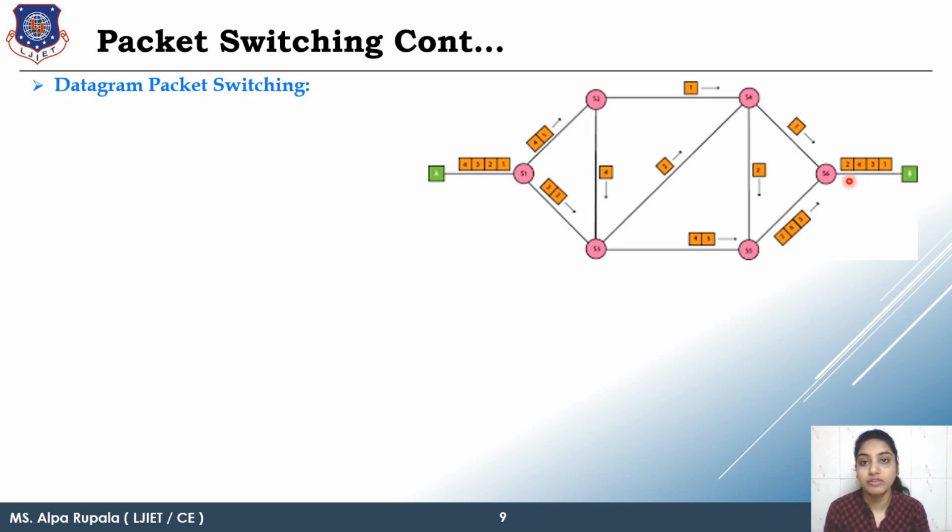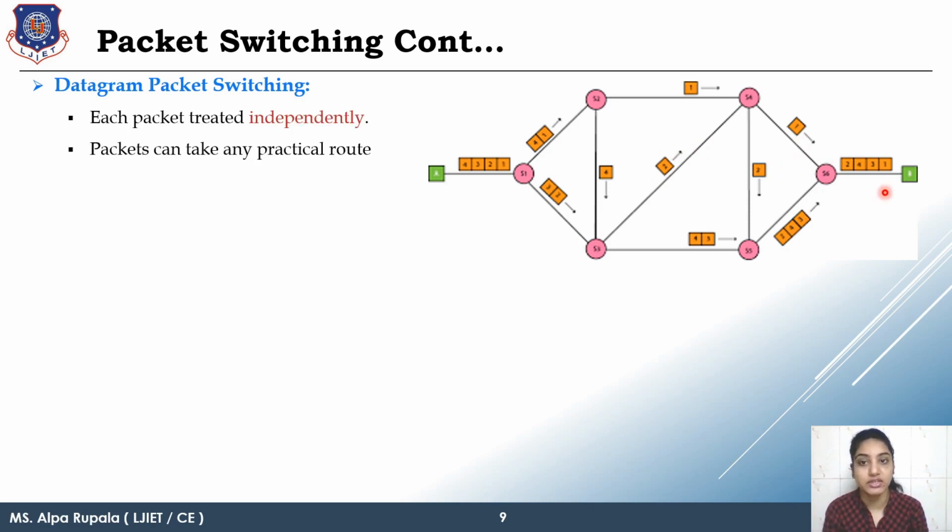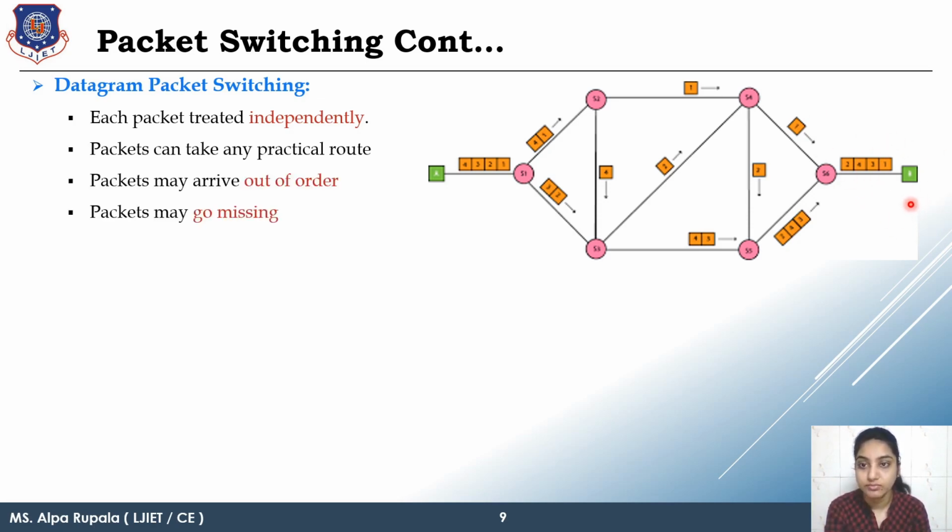To perfectly receive our data, we need to reorder the packets at the receiver side according to our sending sequence, that is 1, 2, 3, 4. It may also be possible that some of your packets go missing. So datagram packet switching has a disadvantage that at the receiver side you need to reorder your packets.